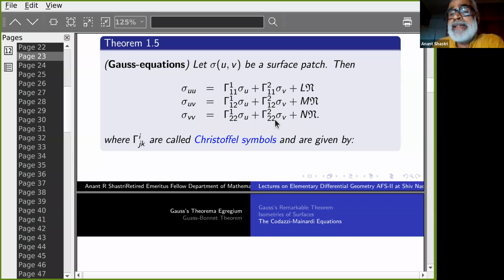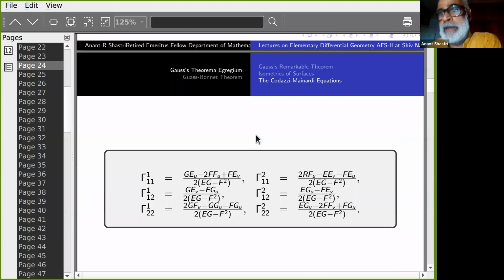For 3 equations, dotting with sigma u and sigma v, you get 6 equations. 6 equations, 6 unknowns, elementary linear algebra. Solve them, please. Over. Okay, that is the Gauss equation.